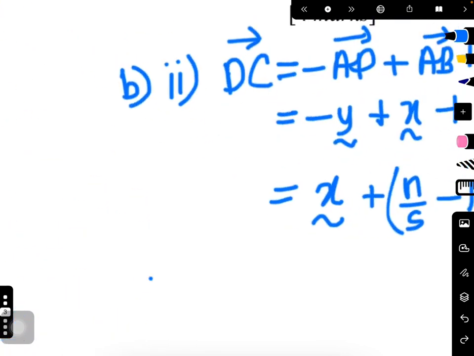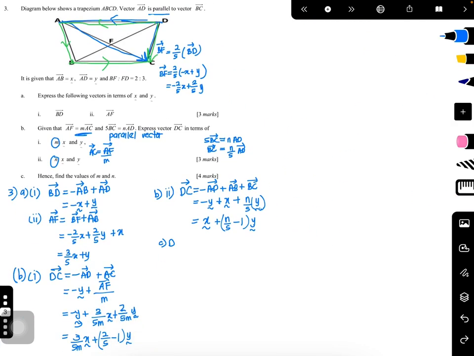For C, okay, hence find. When we talk about hence, we need to use the given information and the values that we have found from other questions like A1, A2, B1, B2. Okay, we need to find the values of m and n. Where can we find m and n?